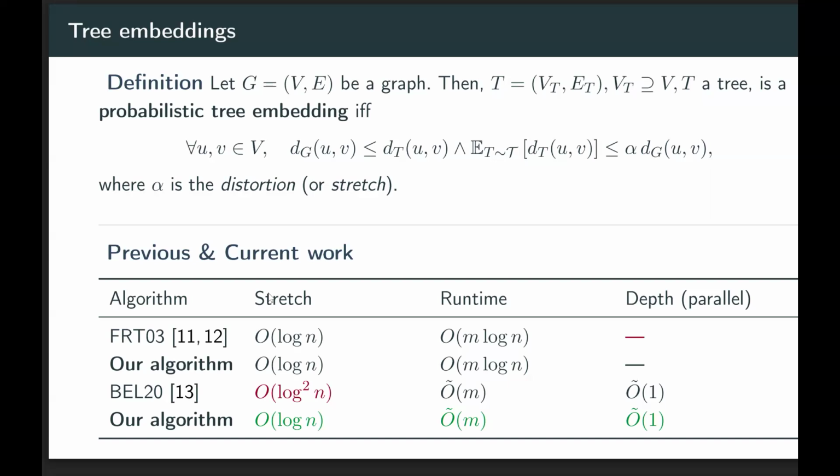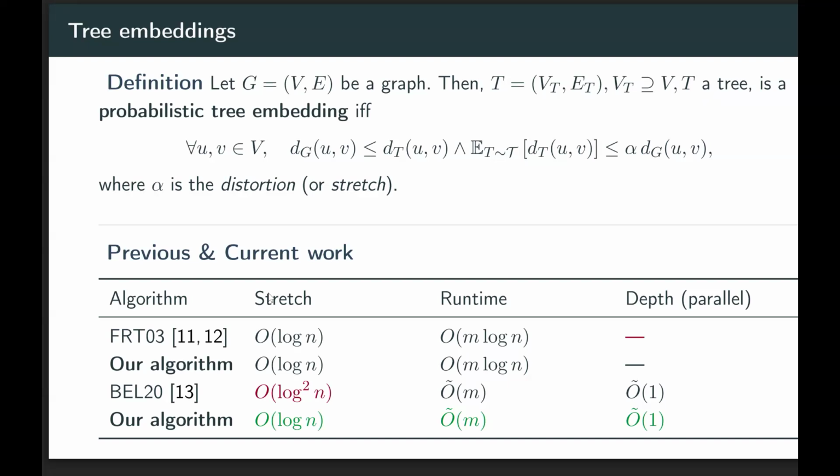But it's not parallelizable. The second version is from Lenzen et al. in 2020. They were the first to make a good parallelizable algorithm, so we have almost linear runtime and almost constant depth, but at the cost of not having optimal stretch.